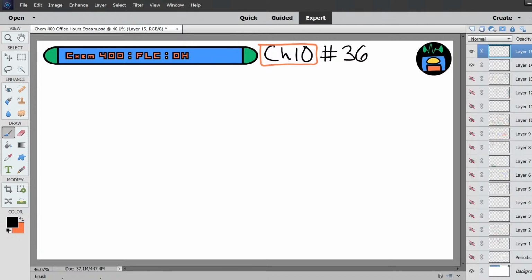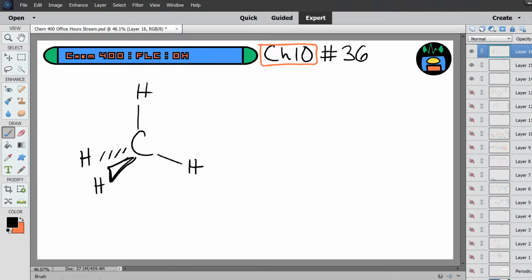So Kate, what they're talking about there when they talk about deviations is, for example, if you compared the methane bond angle to the bond angle in ammonia.